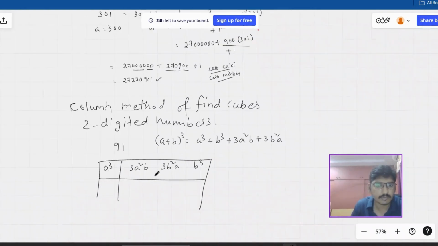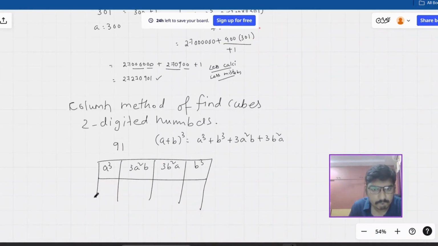Let's come to this thing. After this you can keep a as 9 and b as 1, right?